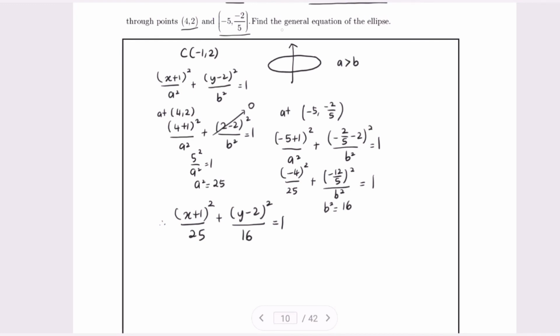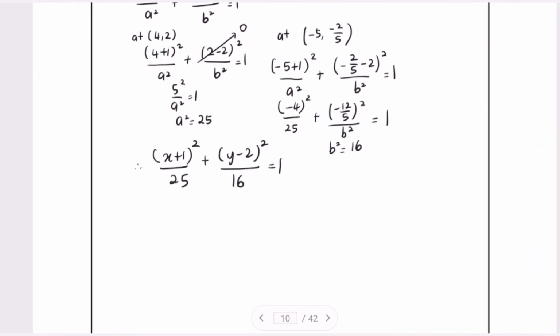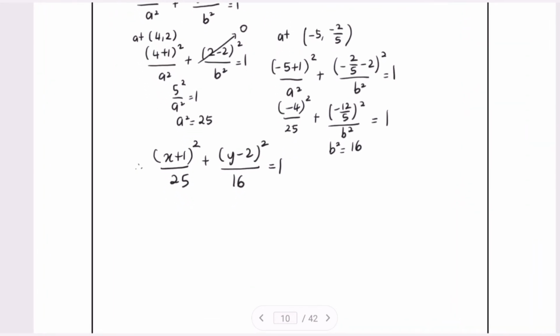But the question actually asks for the general equation of the ellipse, so you need to expand this formula. We get 16 times x plus 1 squared plus 25 times y minus 2 squared over 400 equals 1.